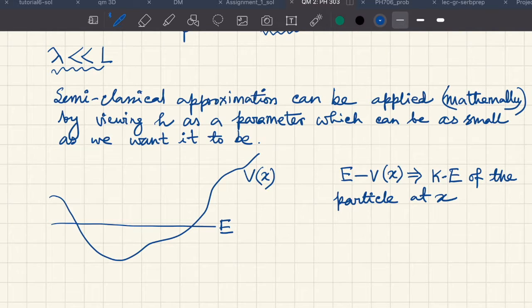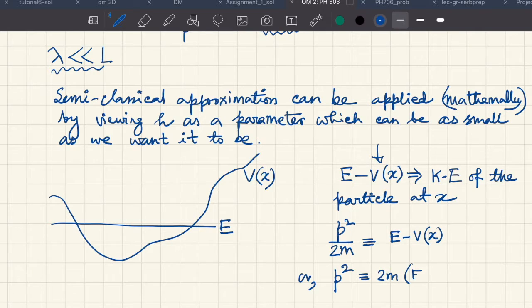And of course, because my potential depends on x, the kinetic energy also depends on the position of the particle. Hence, we can write that p square by 2m should be equal to E minus V of x, or we can write p square as 2m into E minus V of x.